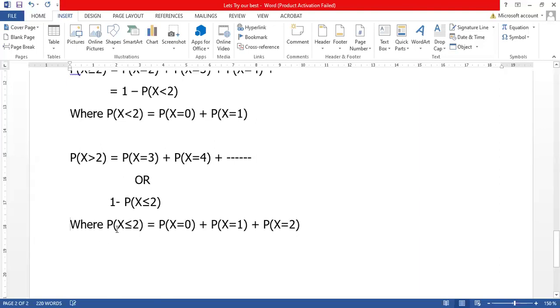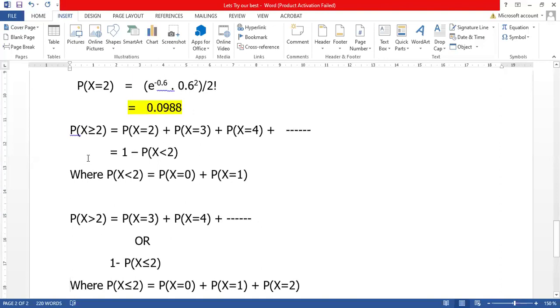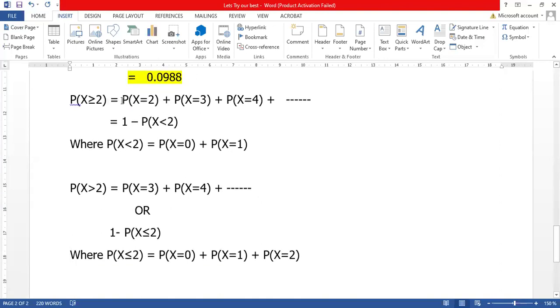I believe you can see the difference. It all depends on where you have started from. Here, if you start from 2 and use the shortcut, 2 will not be inclusive.